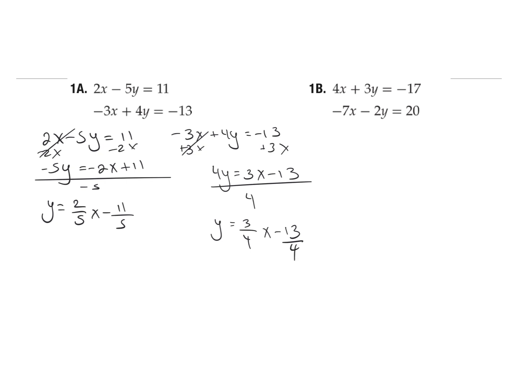Now, both of these are fractions, and even if you were to have gotten the intercepts, it would still be fractions for everything. So we're just going to do our best to graph this. So the first one, again, just bear with me.